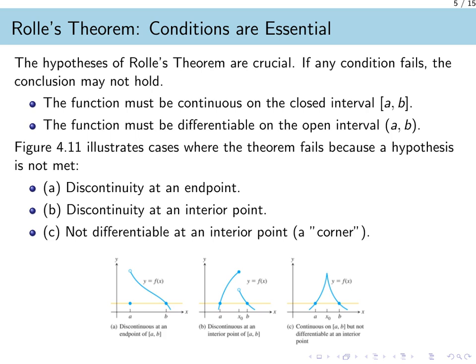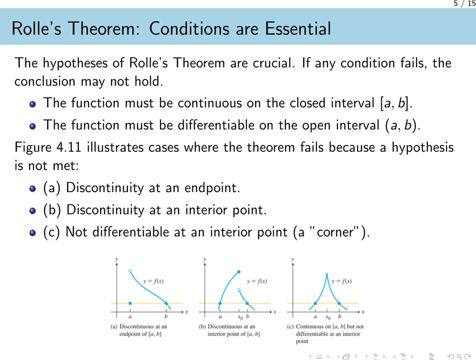It is essential to remember that Rolle's theorem only applies if all its conditions are met. If even one fails, we cannot guarantee a horizontal tangent. The theorem requires the function to be continuous on the closed interval. If a function has a discontinuity, its graph can have a break at an endpoint or an interior point, allowing it to start and end at the same height without ever leveling off.